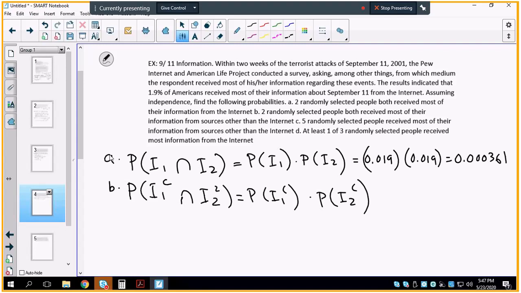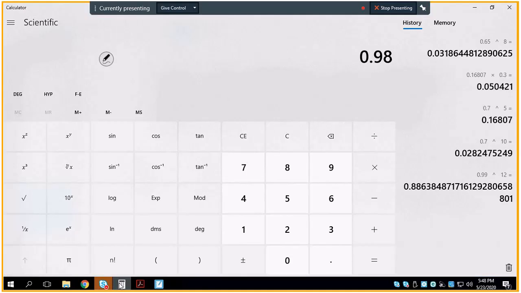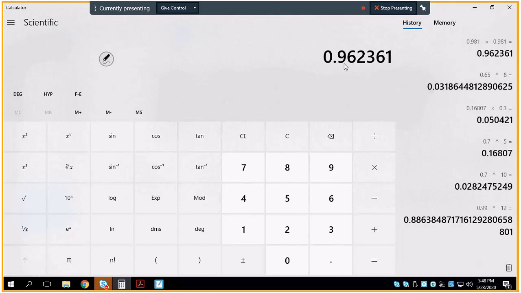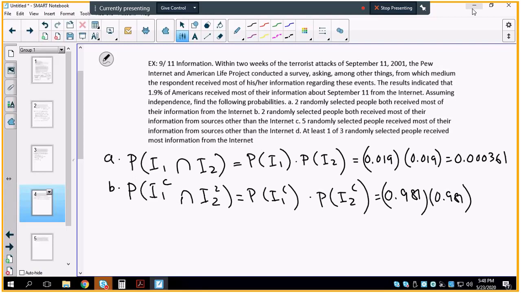If receiving information from internet is 0.019, then not receiving it from internet is 0.981 for both of them, and I multiply them. So this is a little difficult to multiply, so I will use my calculator and I will do 0.981 times 0.981. Round to 4 decimal places, I will get 0.9624. So this is 0.9624.